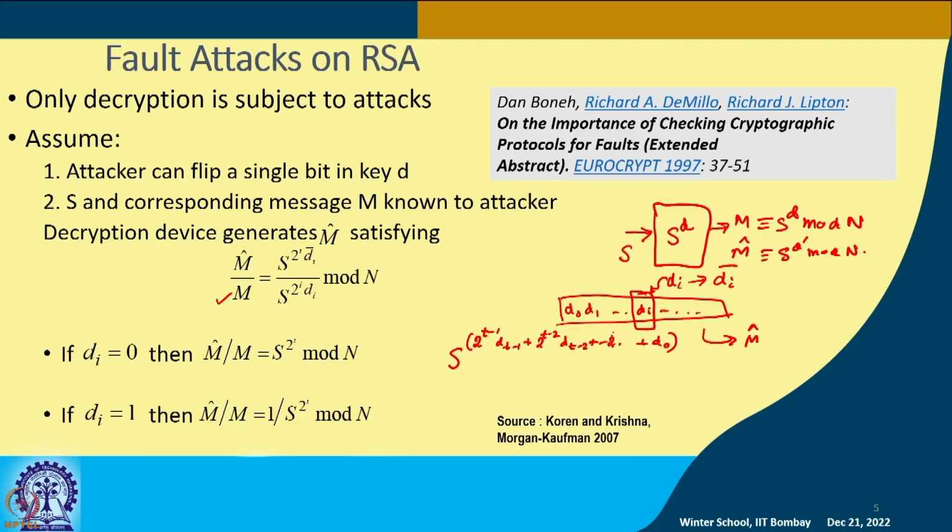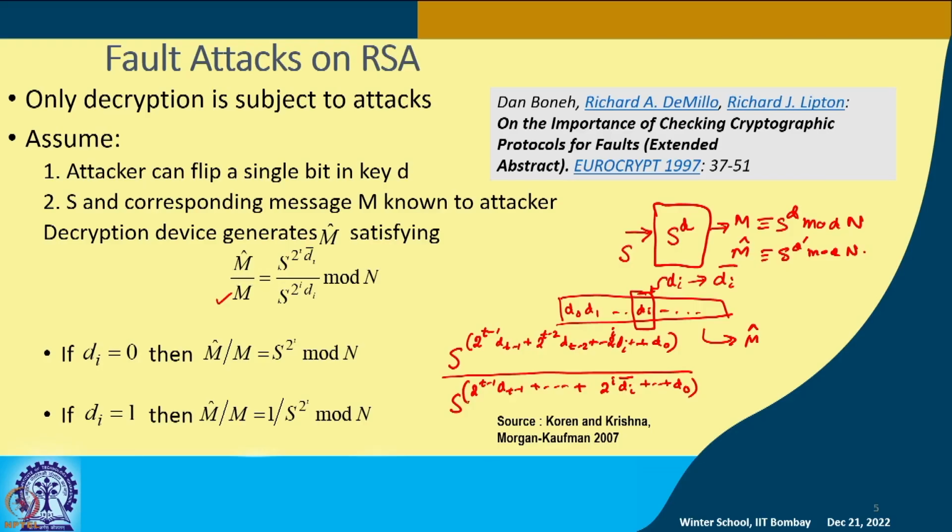Likewise there is 2 to the power of i di. So you have something like this, and m hat is nothing but the same, except that your ith bit is di complement, and then you have plus d0.